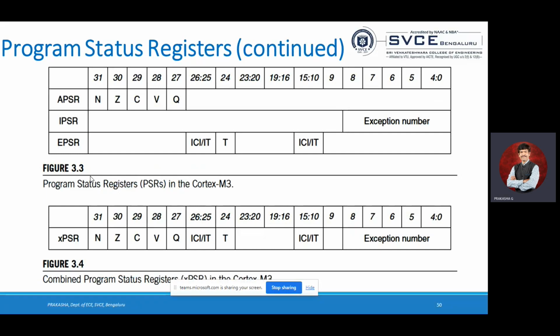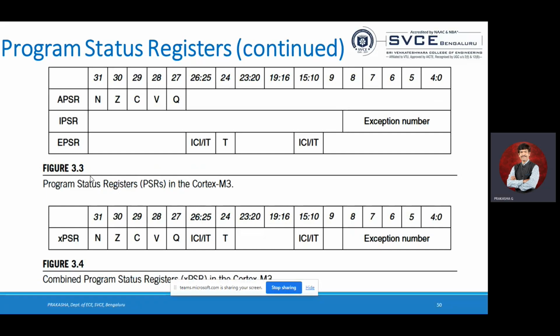What is the binary value showing? 0000, 1100, 1100, 1100. Is this what you are getting?